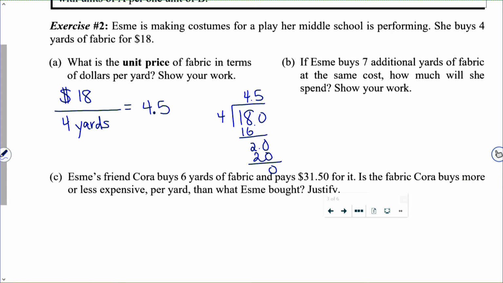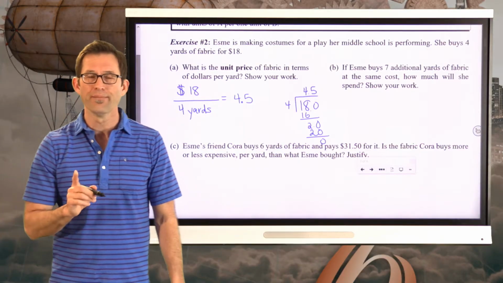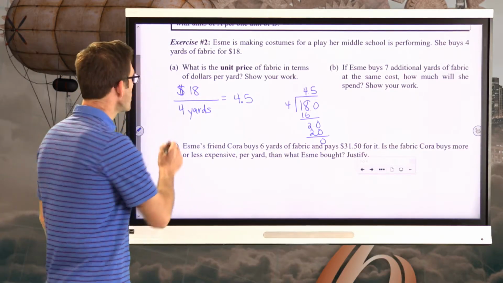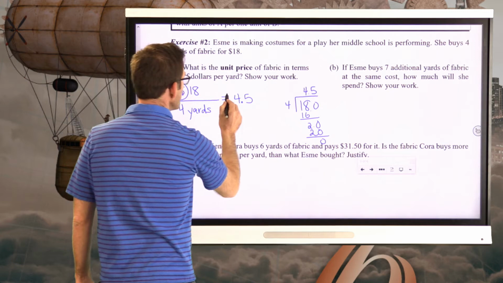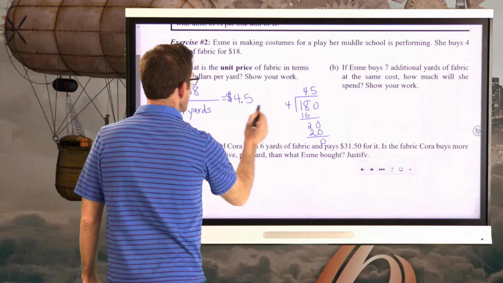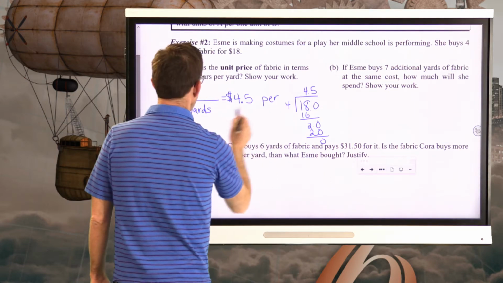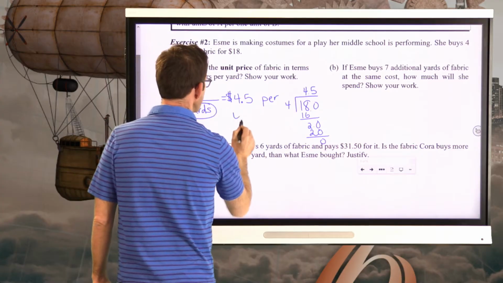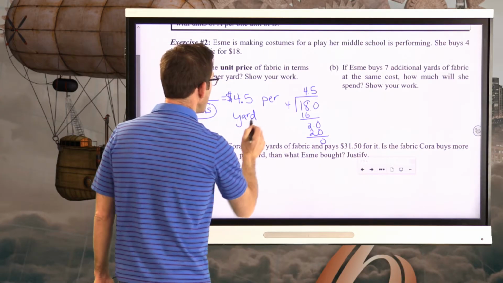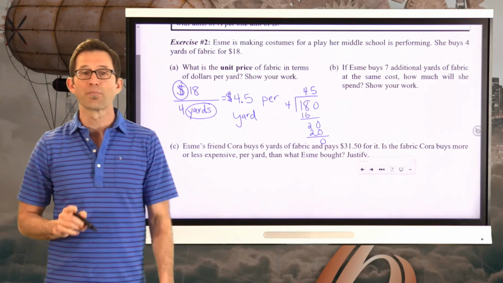Now, let's talk about 4.5 what though, right? Remember, every unit rate is going to have the units of this, and I'll put these right here, per one of these. Now that's a little bit weird, $4.5 per yard.